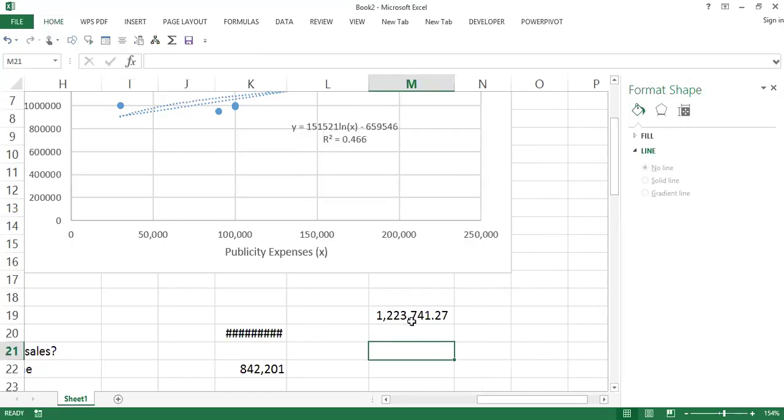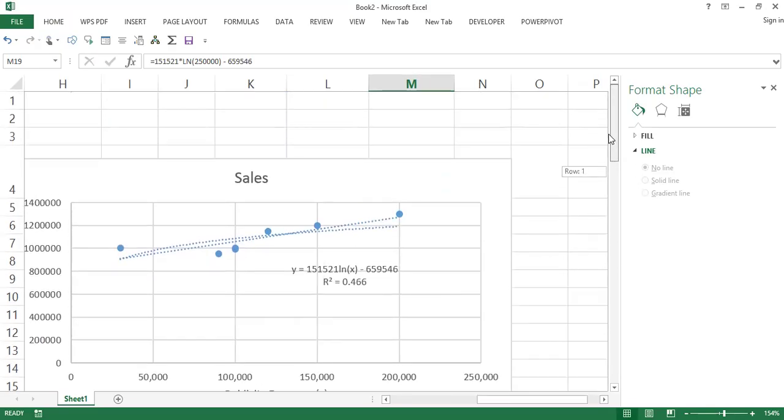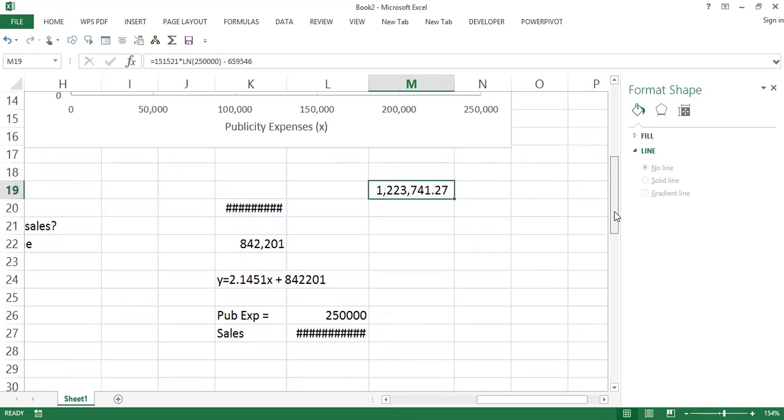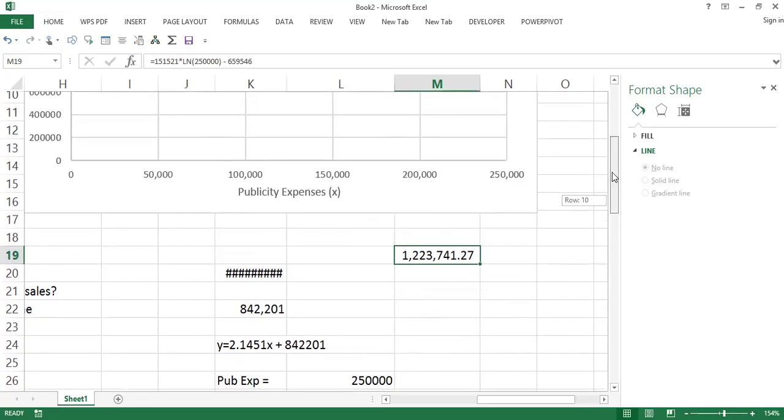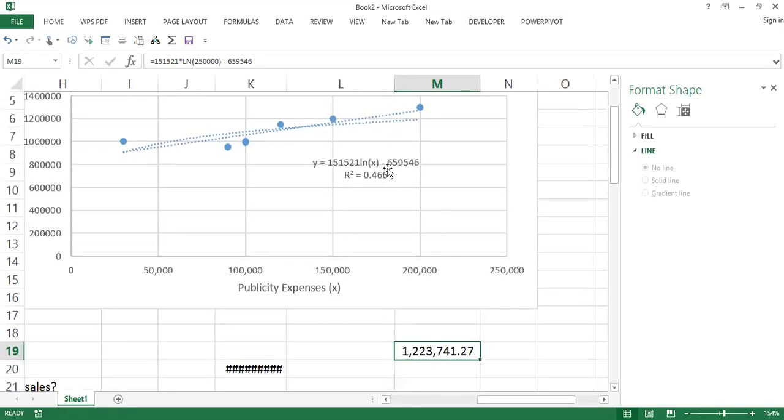Here it's giving you 1.2 something, but the linear gave us 1.3 something. But because of the R squared, this linear is more reliable than this one. But you can see how easy it is to use it. It's very easy.